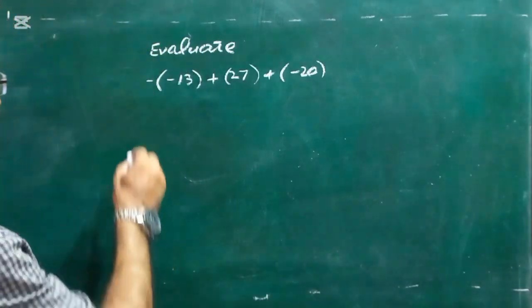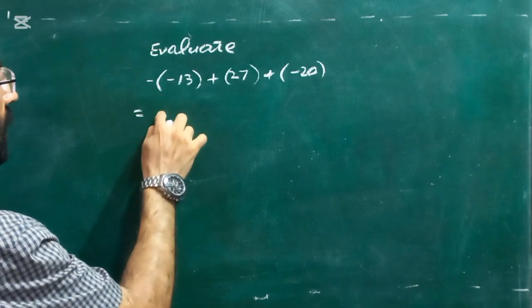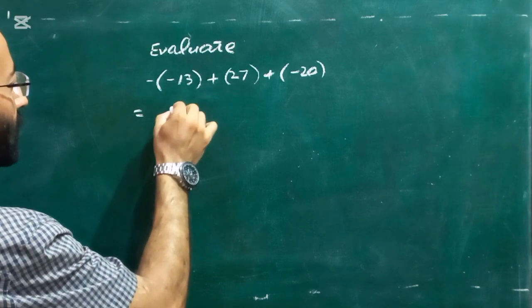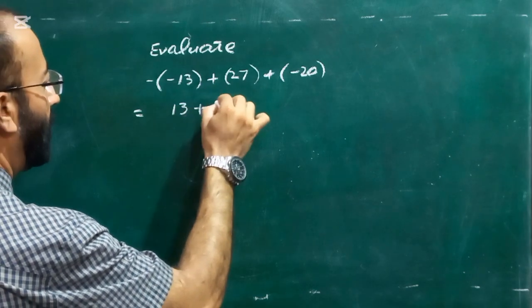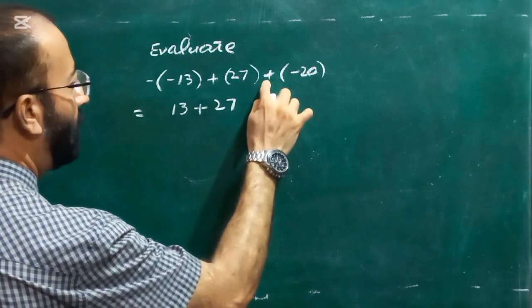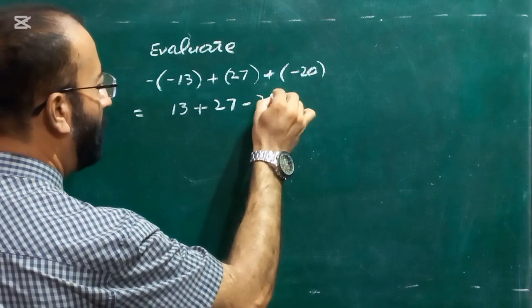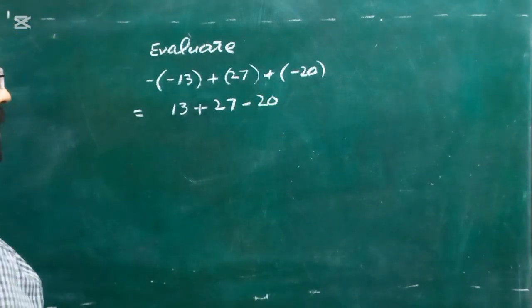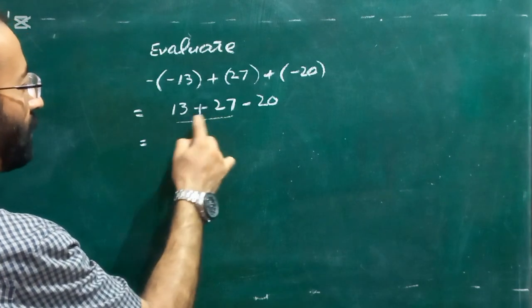So look here now, minus minus are multiplying with each other, so the answer will be positive. So positive 13. This plus 27 will remain as it is, and here plus minus will be minus, and this 20 will remain as it is. At this stage we will add these two values because these are positive values.